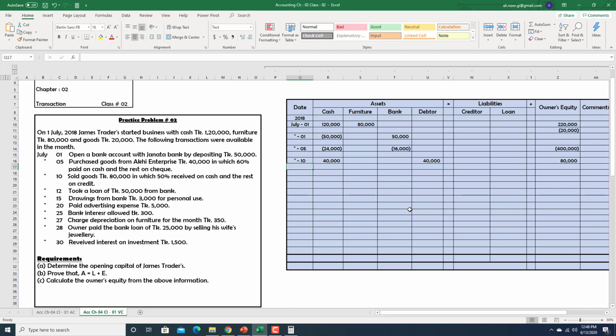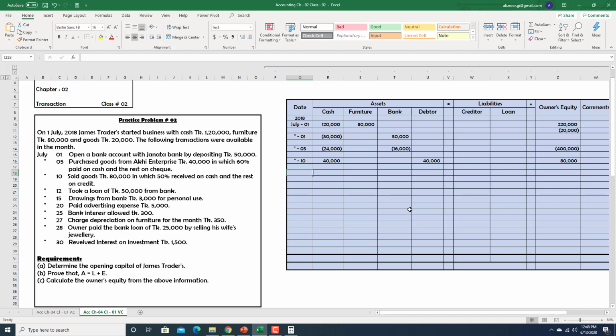Okay, let's move on to July 12. Took a loan of taka 50,000 from the bank. When we take any loan, either from a bank or other sources of finance, we have cash inflows into the bank, and it also creates a liability, that is the loan amount.